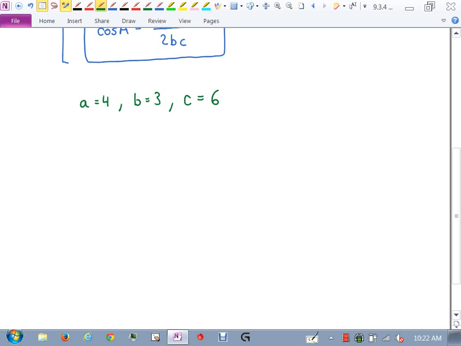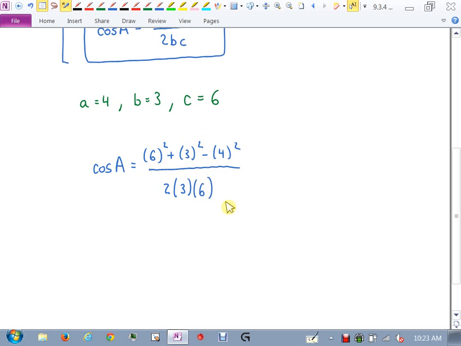Because I just wrote a formula down for cosine of capital A. We know that cosine of capital A should be equal to c squared plus b squared minus a squared, all over 2 times what? bc? Do you agree that that's just me plugging a, b, c into the formula?